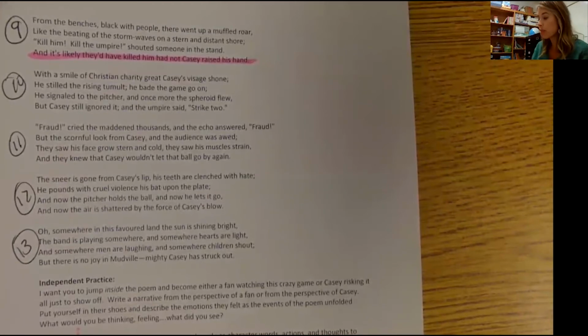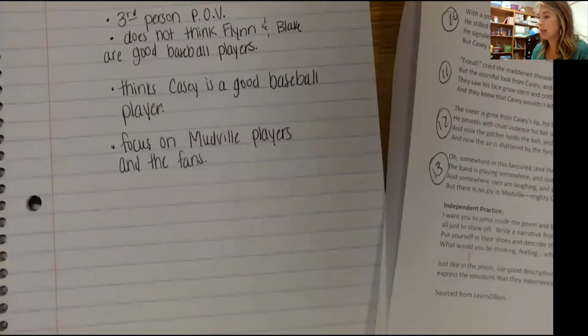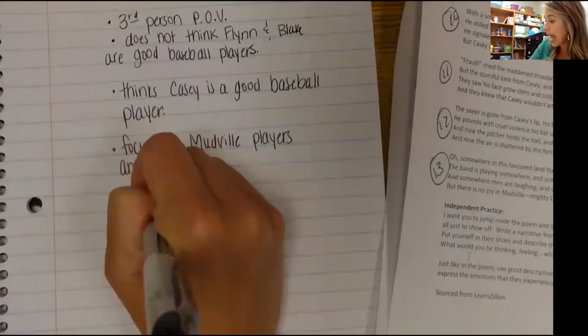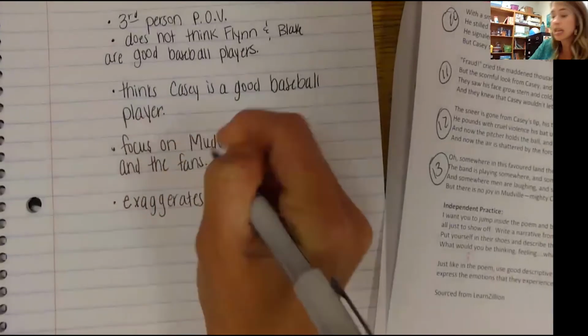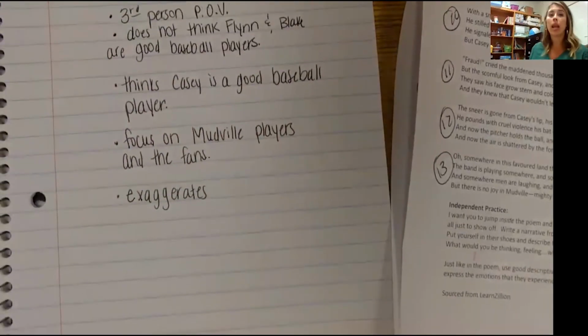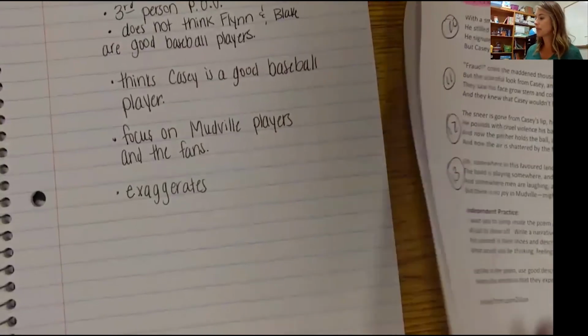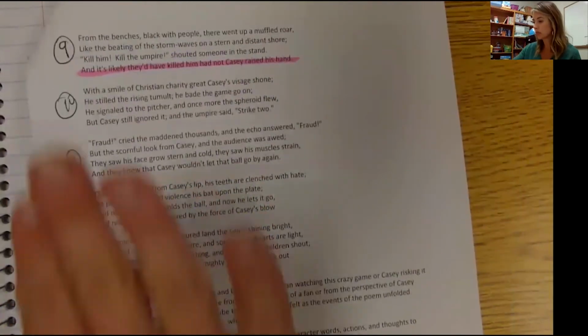So for your fifth point, I want you to write down exaggerates, and you're going to spell it E-X-A-G-G-E-R-A-T-E-S. He exaggerates, right? Because he really wants us to get that point across. He exaggerates. Nobody's killing the umpire.